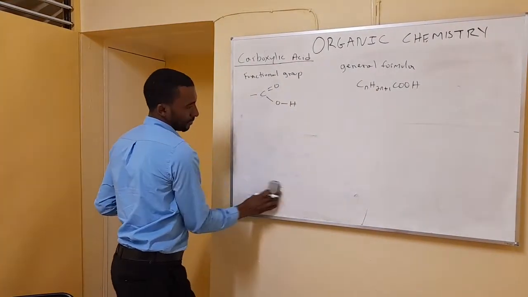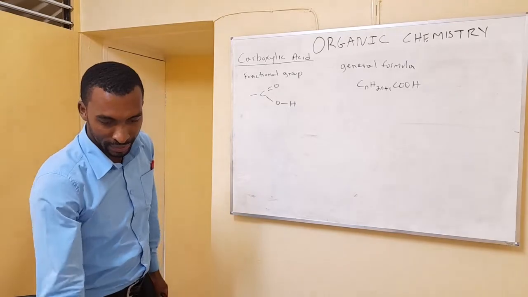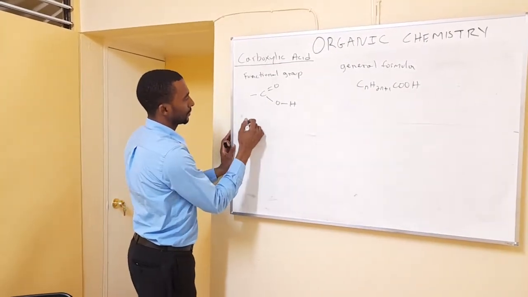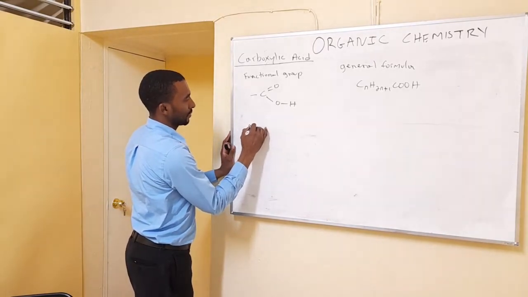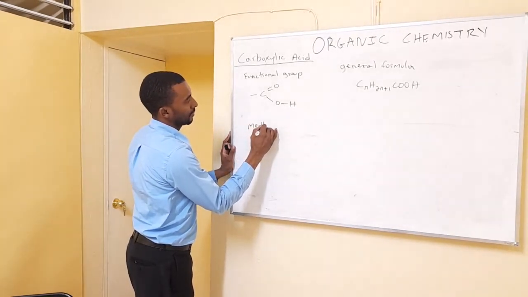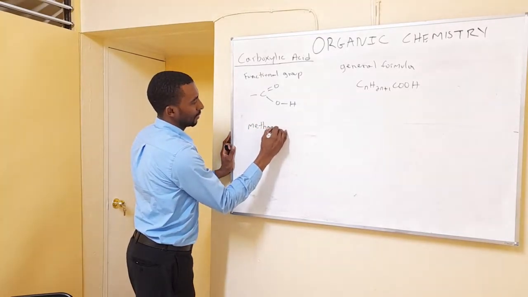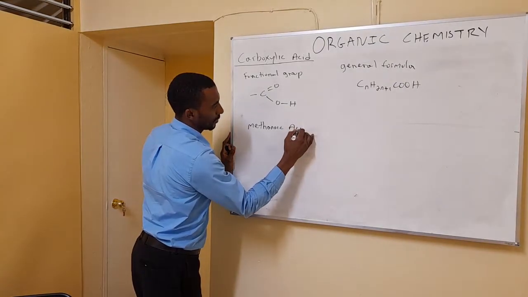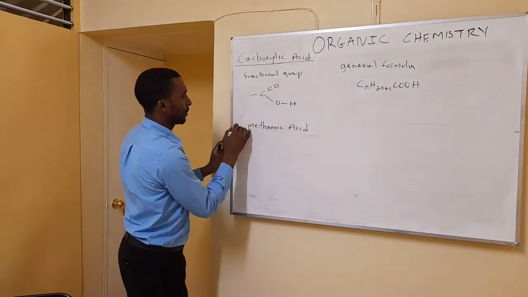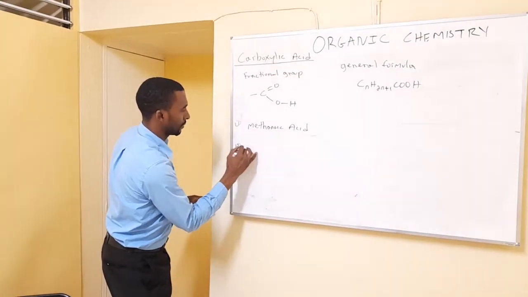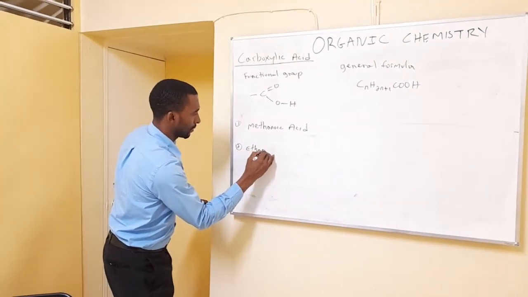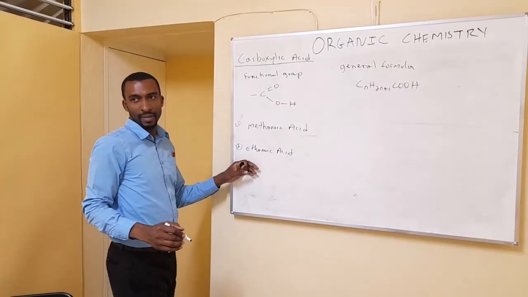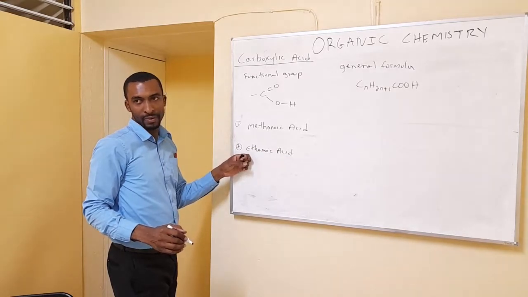And then let's just name some of them before we go. Alright? So like take, say, have, so the ethanoic acid is what we find in rum.